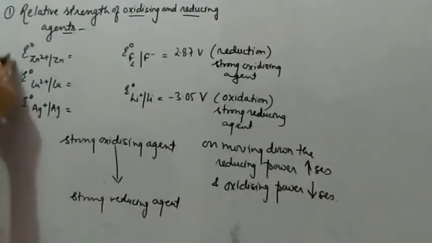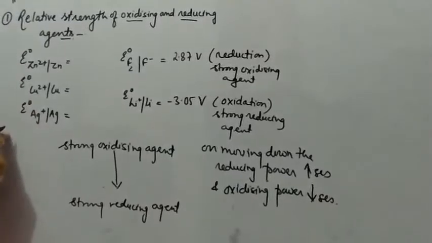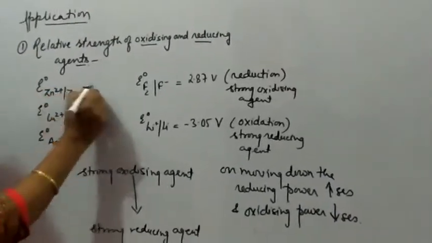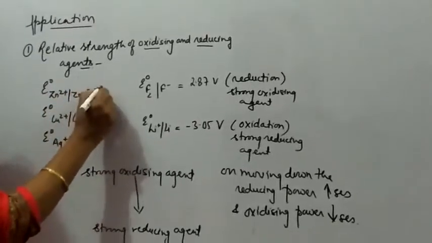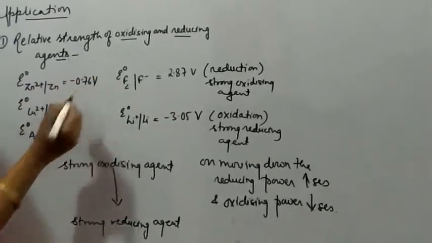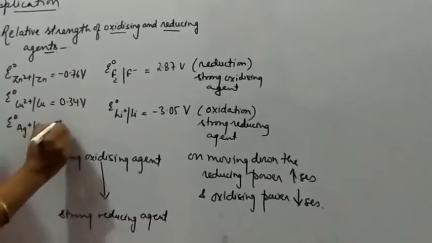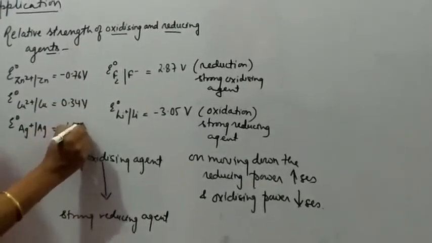Right? Now here you can see that I have written the standard electrode potential of the electrodes. I am putting the values now. Zinc has minus 0.76 volt, right? Copper has plus 0.34 volt and silver has plus 1.80 volt.